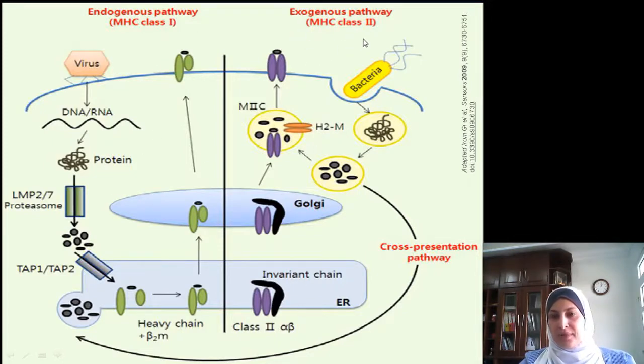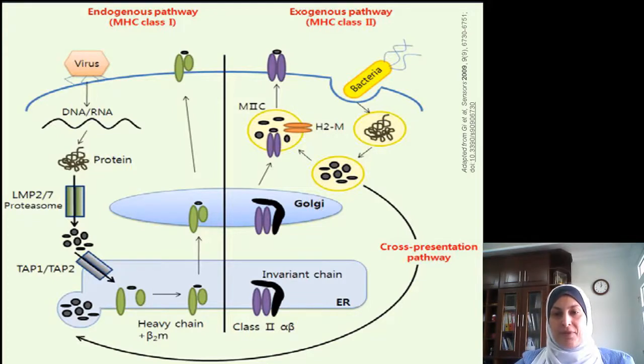The exogenous pathway is also known as the class 2 MHC pathway because the antigen is presented by the MHC2 molecule. This process happens in an antigen presenting cell, because these are the cells that present MHC class 2.